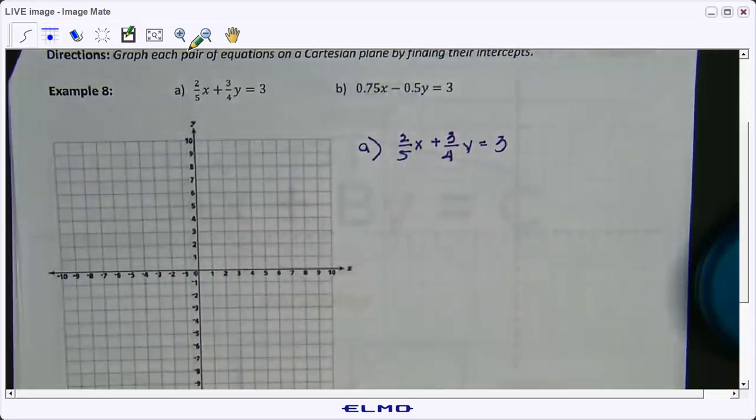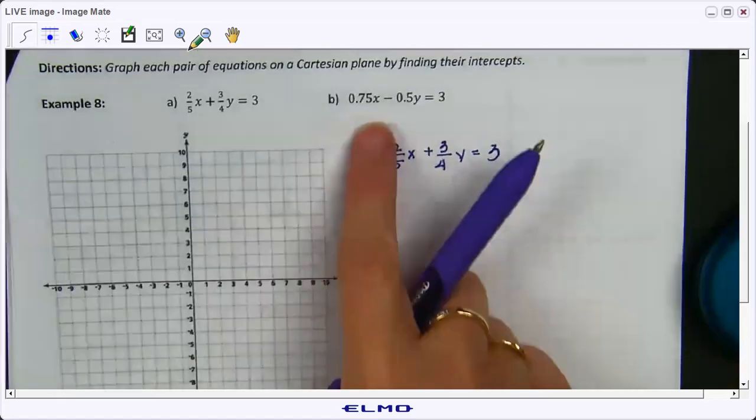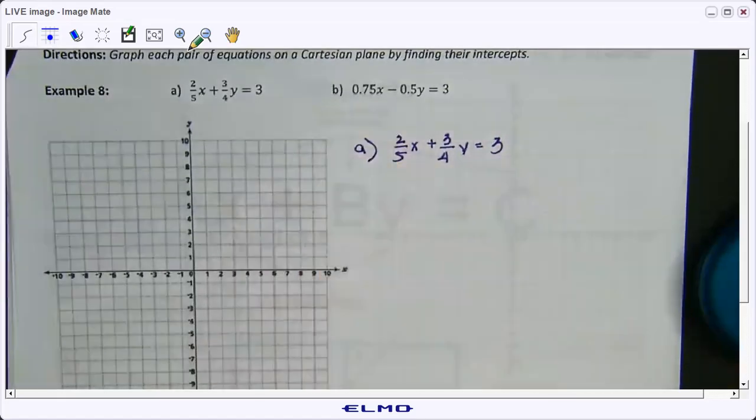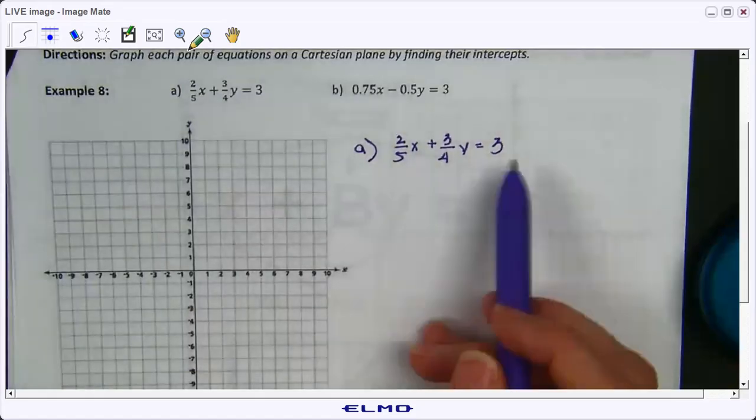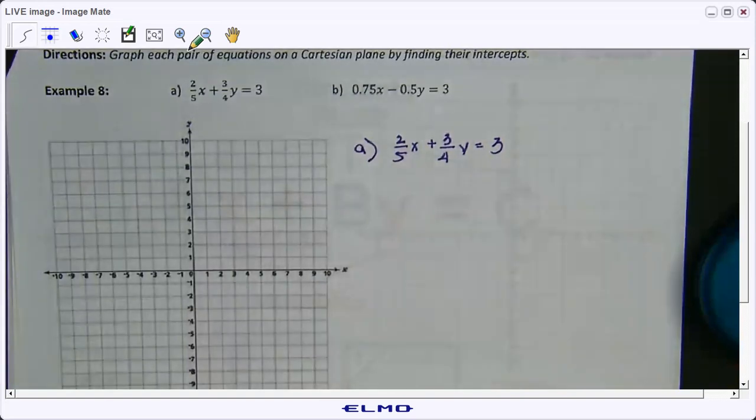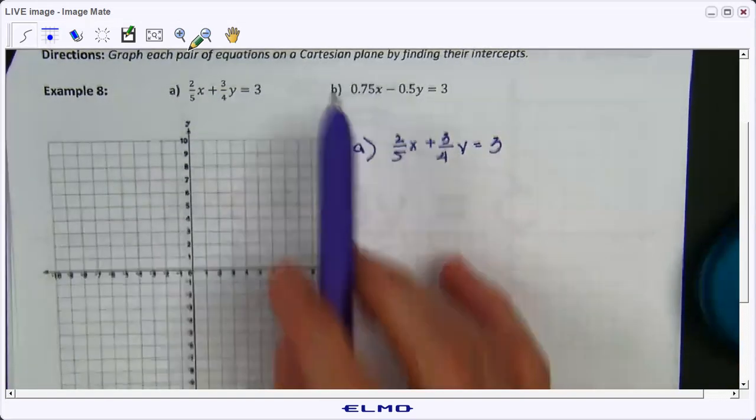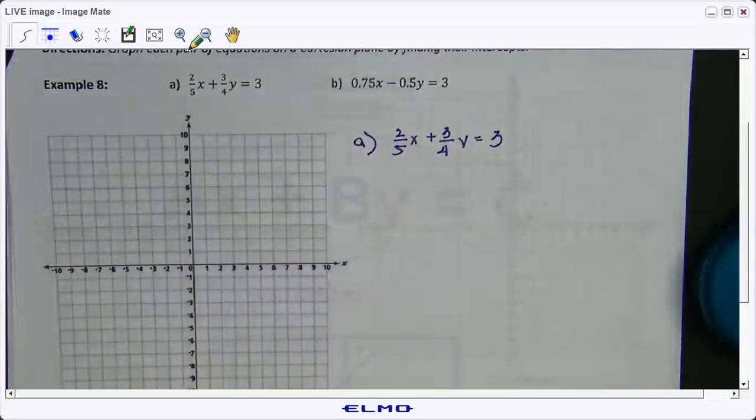Yes. Multiply out. And Mason, what will we need to multiply these by? 4. Oh, this one right here or the decimals? But for A, it would be 20. Yes, for A, it would be 20, right? And then JG, what about B here? 100, because 100 will move your decimal out of the 0.75.